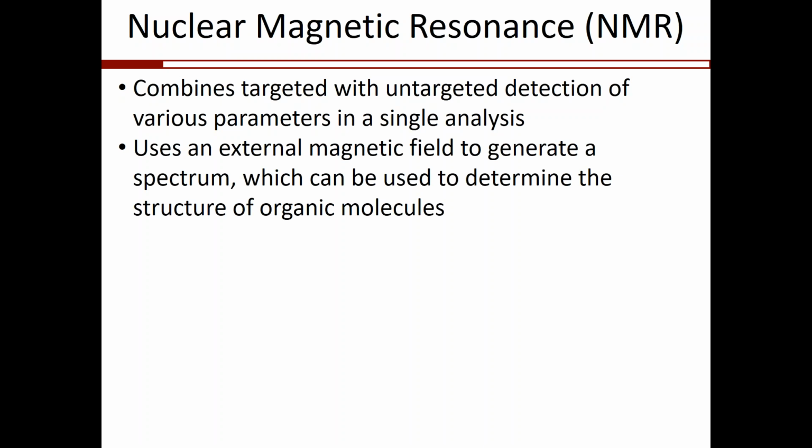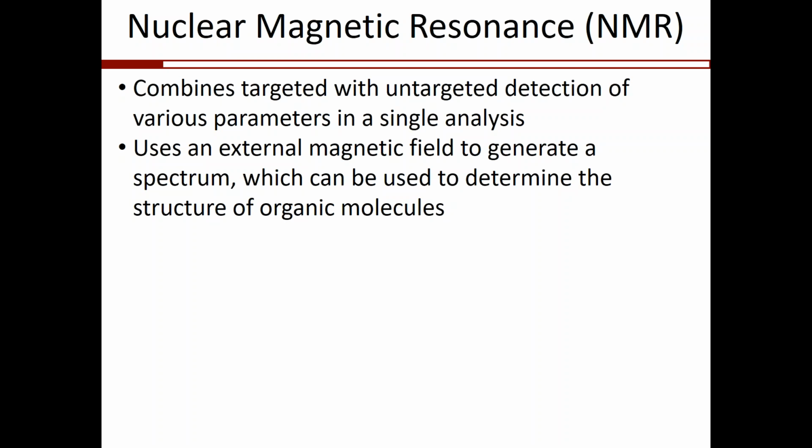What this does is it uses an external magnetic field, and you can think of it as shocking the proton. Each atom has a nucleus that will be spinning in a certain direction, and in this case, it'll be the alpha direction. For the NMR, it's going to send this external magnetic field, shock it to cause it to spin in the beta direction.